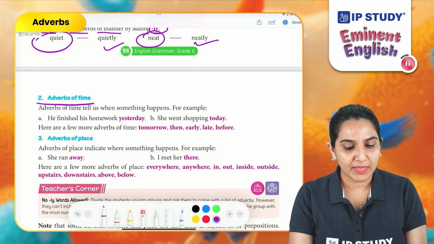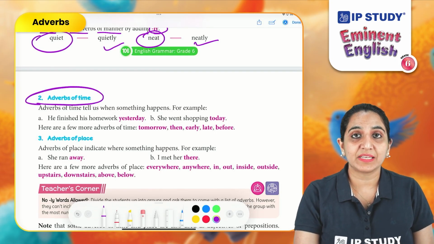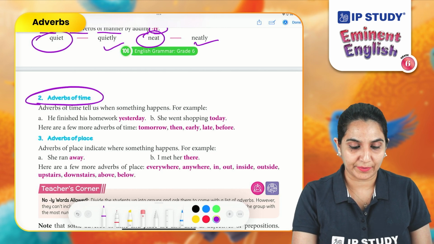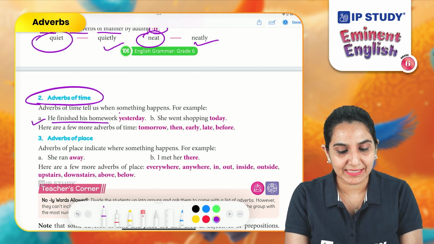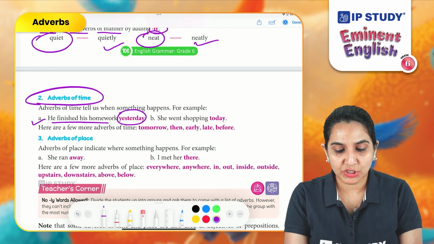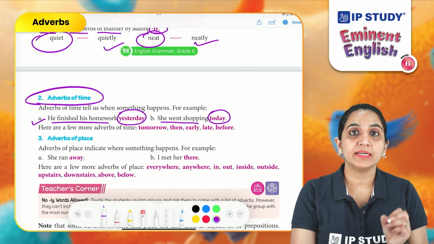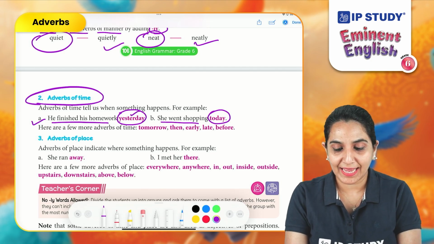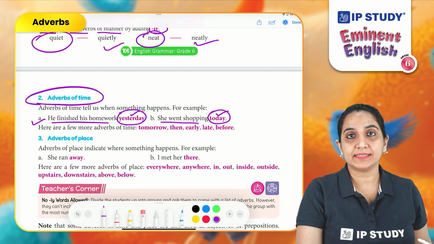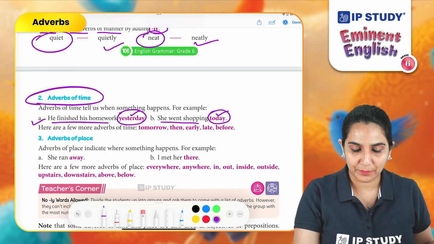Adverbs of time. Adverbs of time tell us when something is done. That means when the action is happening. For example, he finished his homework yesterday. She went shopping today. So here in these two sentences, the adverbs yesterday and today tell us when the action took place.